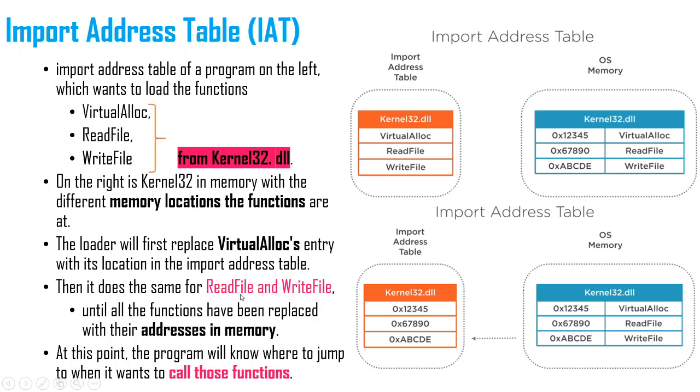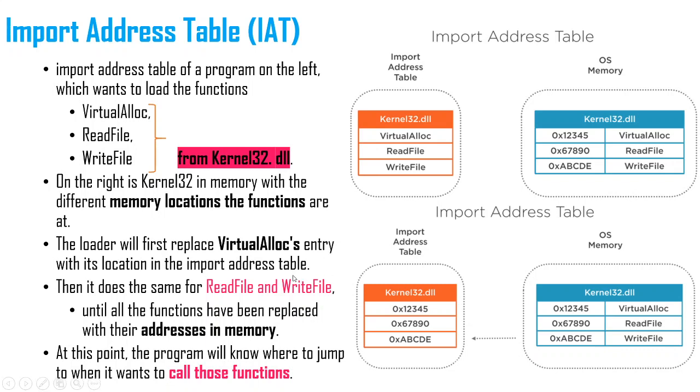Then it does the same for ReadFile and WriteFile until all the functions have been replaced with their addresses in memory. You have to note this point in this slide. This is very important. All the functions have been replaced with their addresses in memory. So at this point the program will know where to jump when it wants to call those functions.